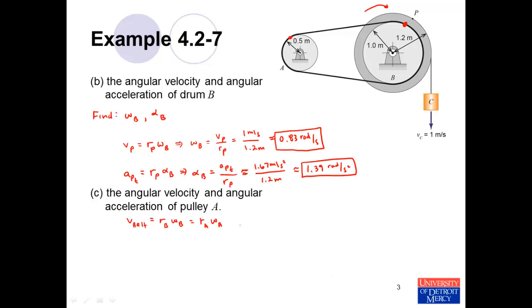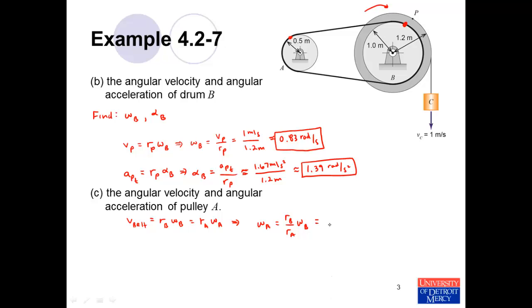So if we want to determine the angular velocity of body A, we can take this relationship and divide through by RA. So we have that the angular velocity of body A is RB divided by RA times omega B.